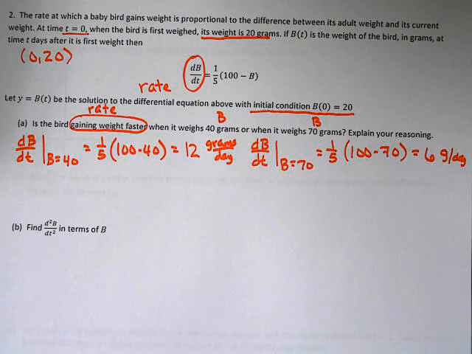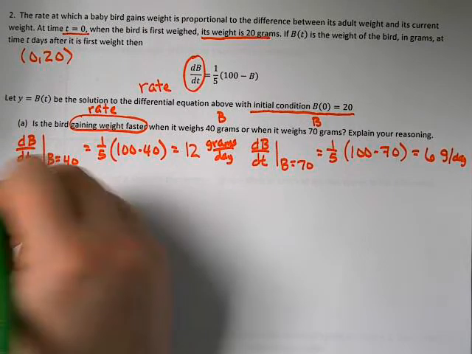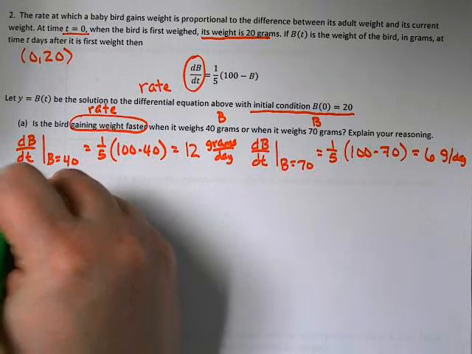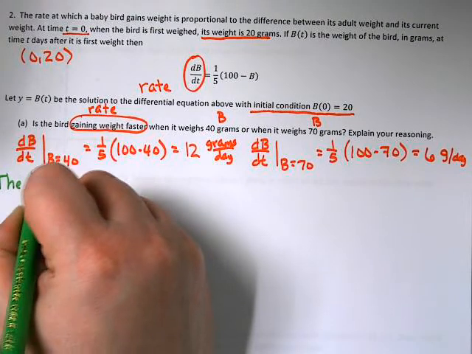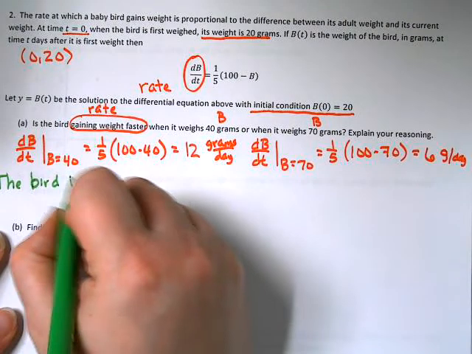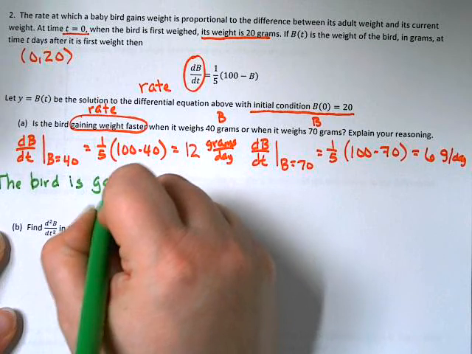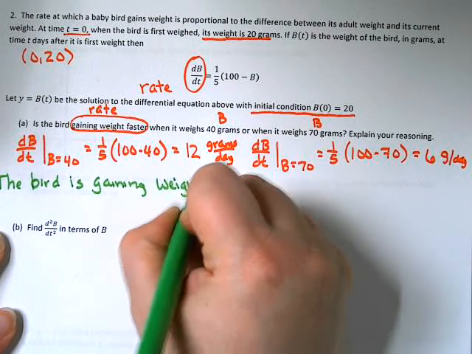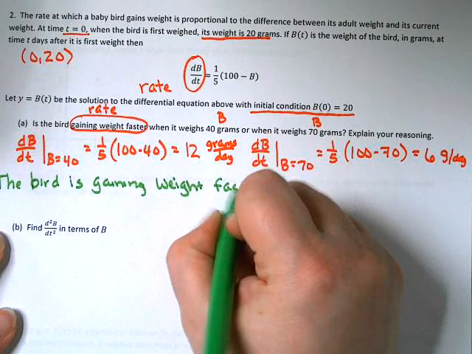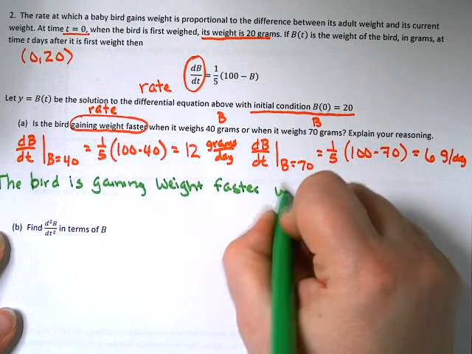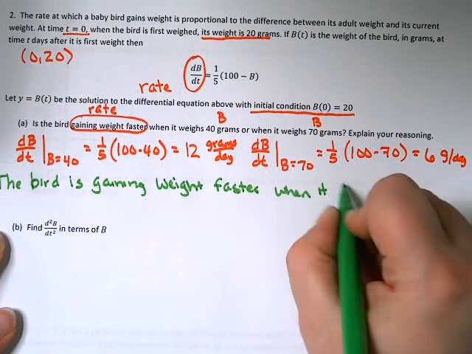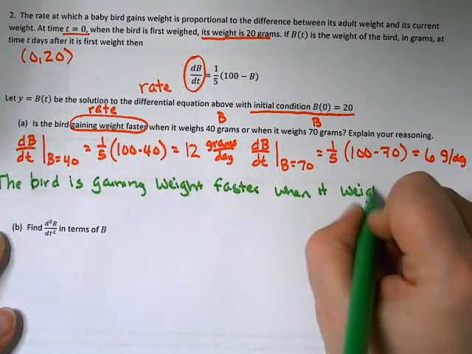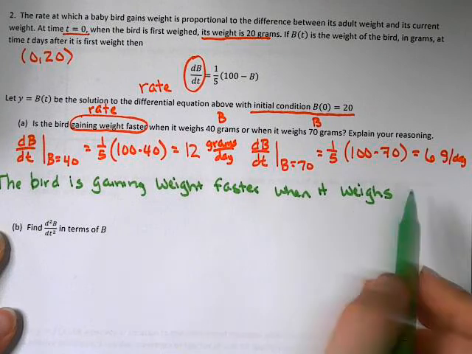Sorry, I know that kind of got squeezed in there and cut off a little bit, but hopefully that makes sense to you. So now what it's asking is which one is faster, and to explain our reasoning. So we're going to say then that the bird is gaining weight faster when it weighs, well, let's see which one's bigger, 12.